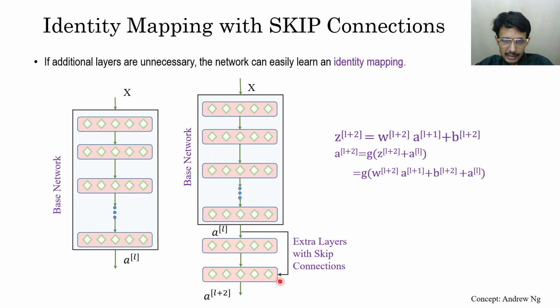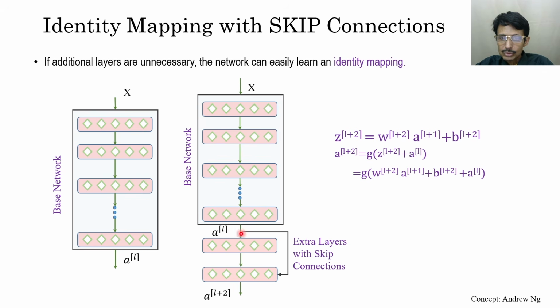This A of L is coming here, to A of L plus 2. Now we have to understand how. Let's say there is no skip connection here. Then Z of L plus 2 is W of L plus 2, A of L plus 1, plus B of L plus 2. That is the normal case.